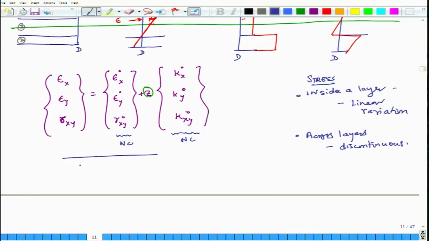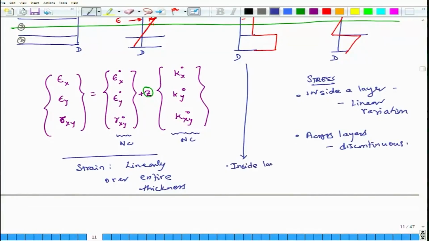Strain changes linearly over entire thickness. And Q bar matrix, it is discontinuous. What about Q bar matrix? It is constant inside a layer and discontinuous across layers.